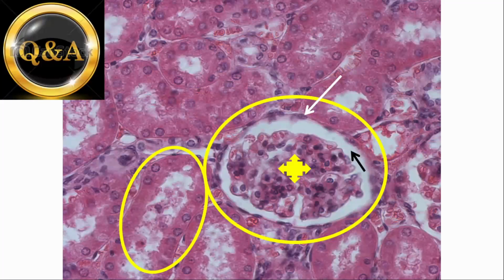Next, and to your left, we can see in this oval shape a cross-section of a tubule. This is the proximal convoluted tubule. You can see that it is an oblique section here, and the lining epithelium is simple cuboidal. Sometimes they become high cuboidal, nearly columnar.